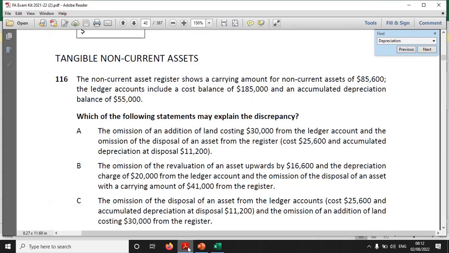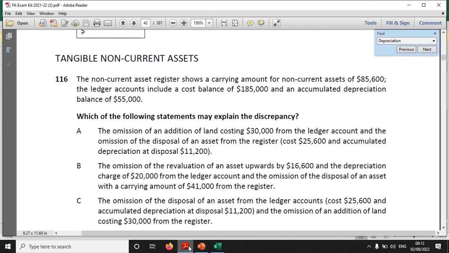We are told for the register, what happened? There's an asset with a cost of 25,600 and accumulated depreciation of 11,200. This particular asset was disposed.